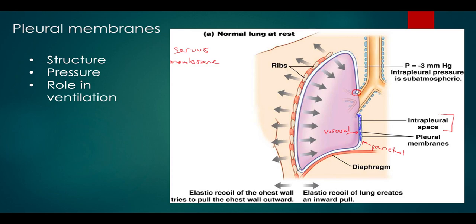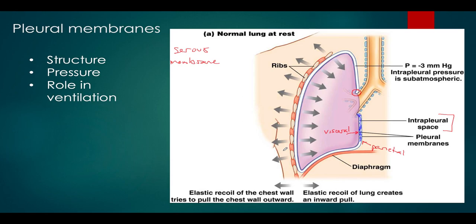In addition, we end up with surface tension that tends to stick the lung to the inside of the rib cage. That's going to be really important when we start talking about ventilation, because there are no muscles in the lung to ventilate the lungs. It is entirely indirect.